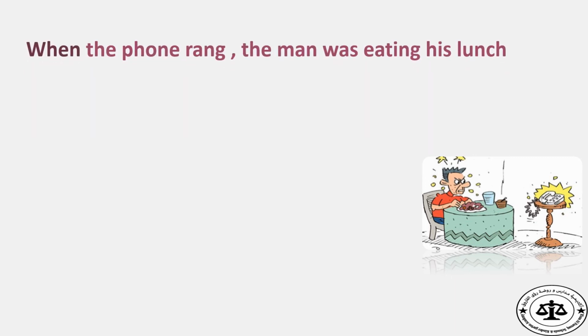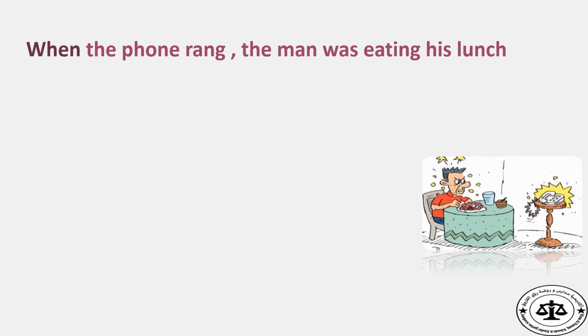Let's take another example. Here we have a man. A man was eating his lunch. The phone rang. When the phone rang, the man was eating his lunch. After when, we have the simple past verb, and we have the past verb rang.